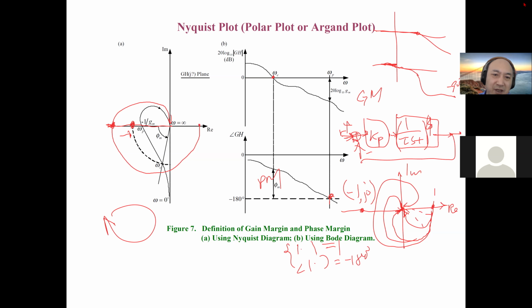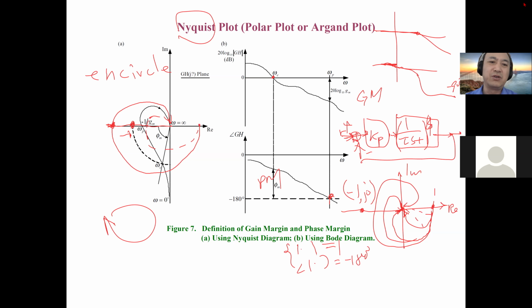But if your system is outside the circle, not encircling it, then it is stable. This is how to read whether the system is stable or not using a Nyquist plot.